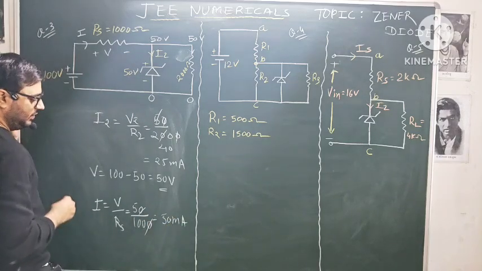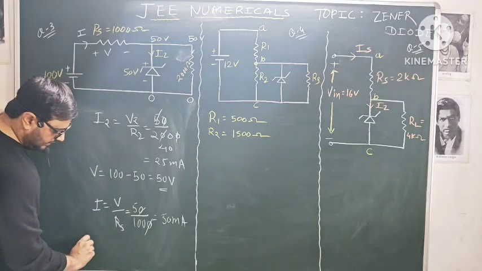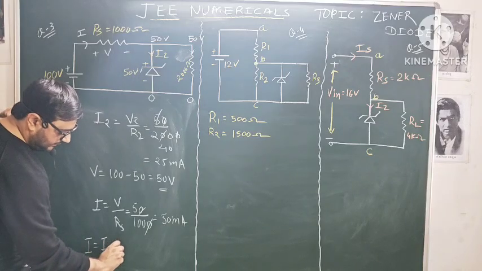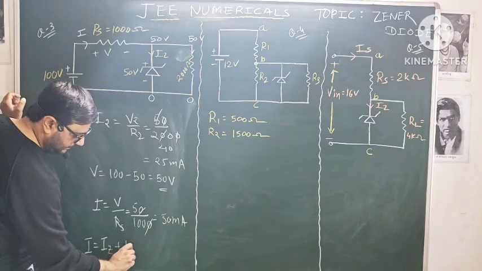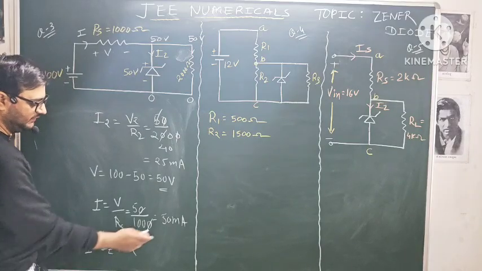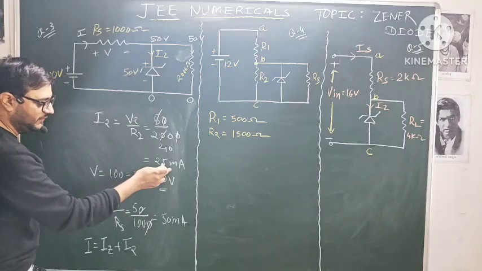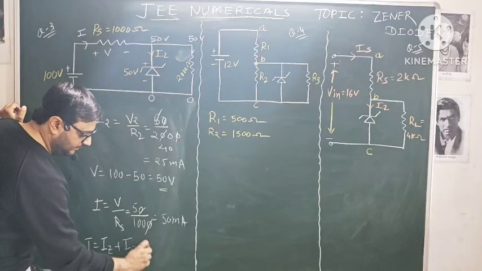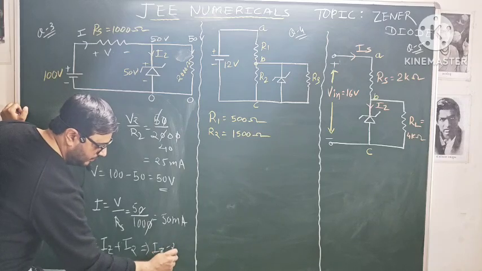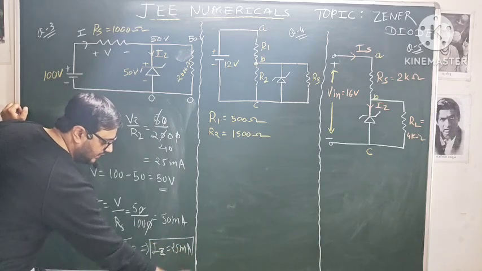So the current which is passing through the Zener diode is I is equal to IZ plus I2. Now I is 50 milliampere and I2 is 25 milliampere. So IZ is 25 milliampere. Okay, so this is the answer.